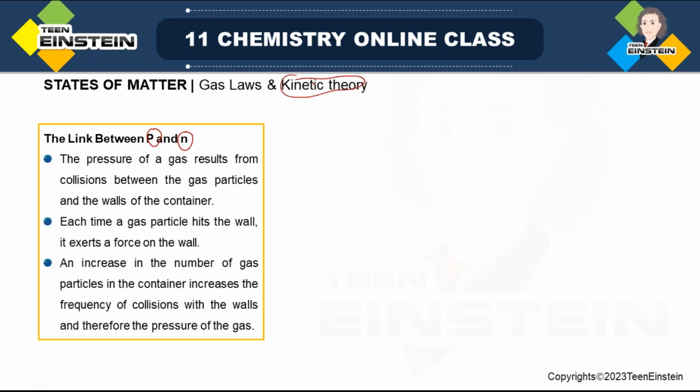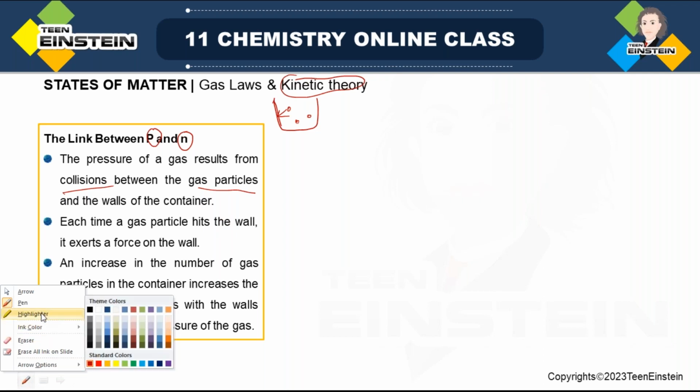Okay. So the pressure of a gas results from the collision between the gas particles and the walls of the container. If gas particles are present in any container, suppose these are the particles, then when there is collision with the wall of the container, pressure will arise. Now each time a gas particle hits the wall, it is exerting a force.